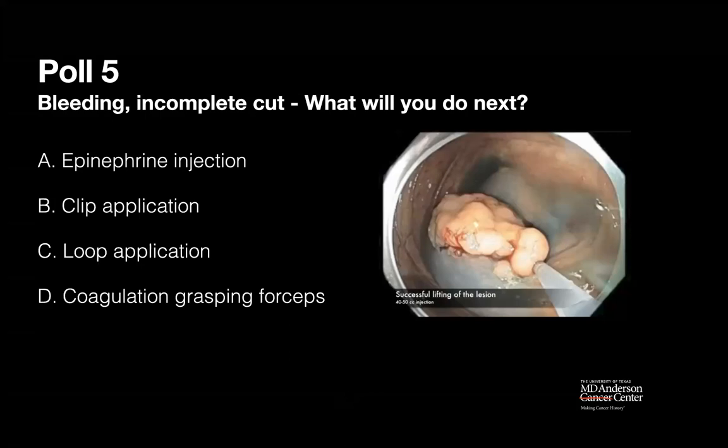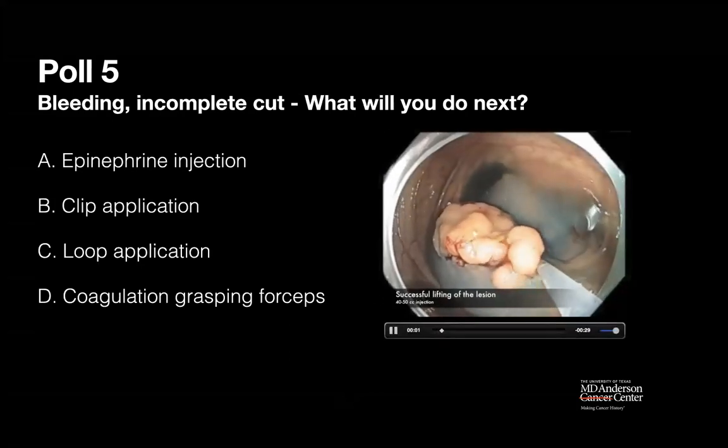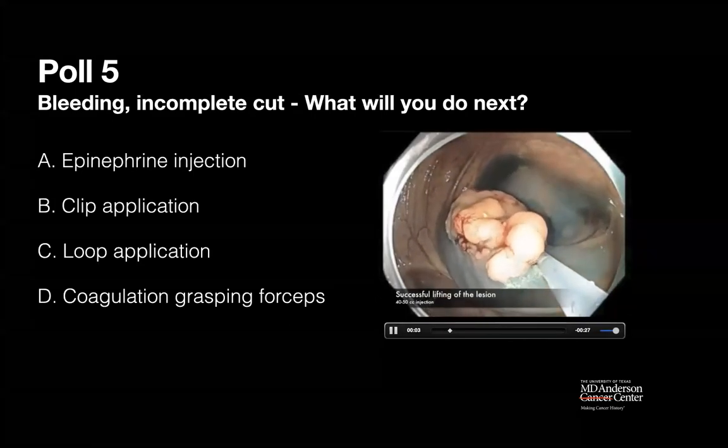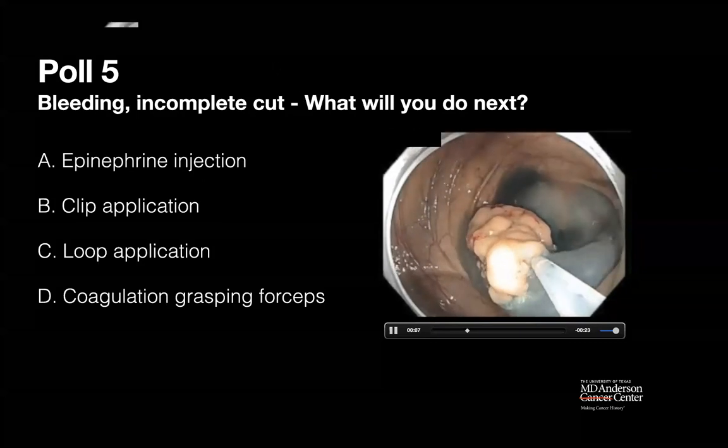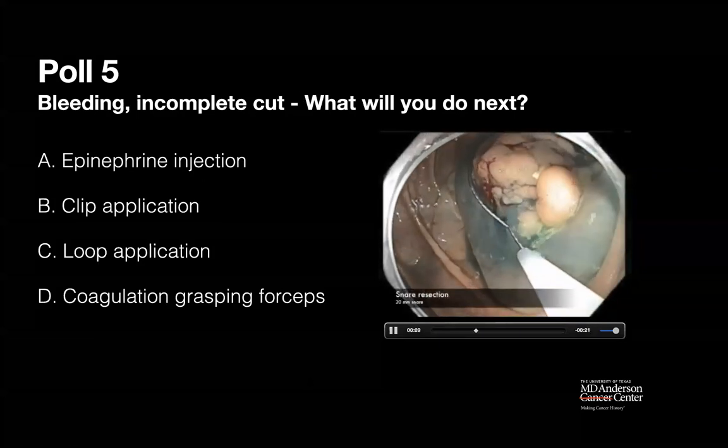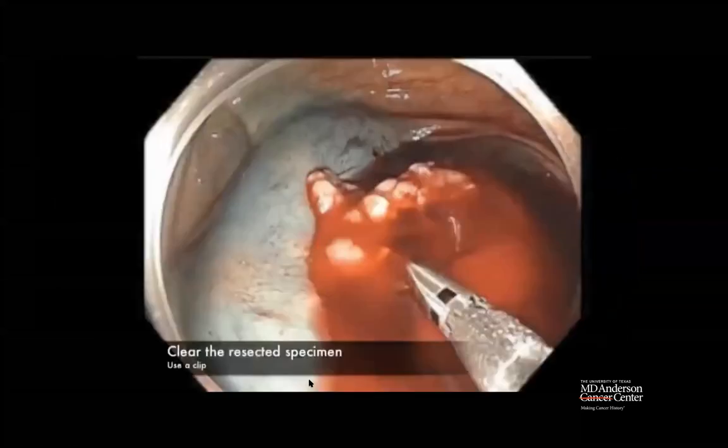That way, you don't have this limitation of having a clip sitting in the middle of the resection plane while you're trying to make sure that everything looks good at the end. Loop application is perhaps not ideal here because after you have cut, there's really nothing to loop. There was nothing to loop to begin with. So that's not as ideal.